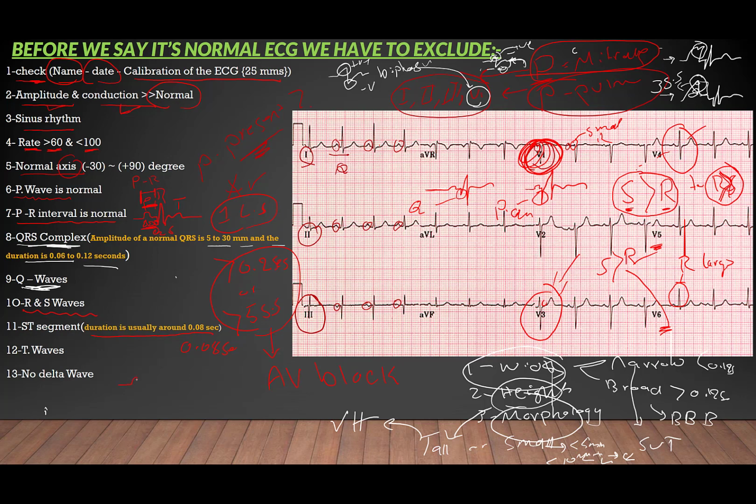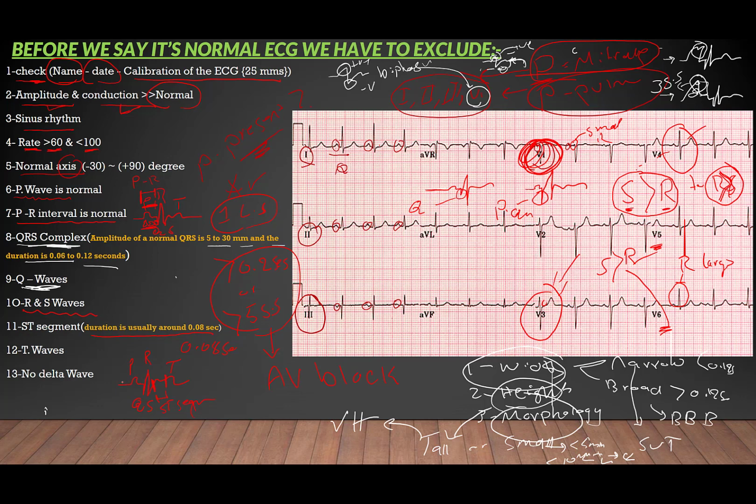For example, this is the P wave, QRS, and this is the T wave. So the end of the S wave is here, and the start of the T wave is here, so it's called the ST segment. Okay, in a healthy individual it should be an isoelectric line.